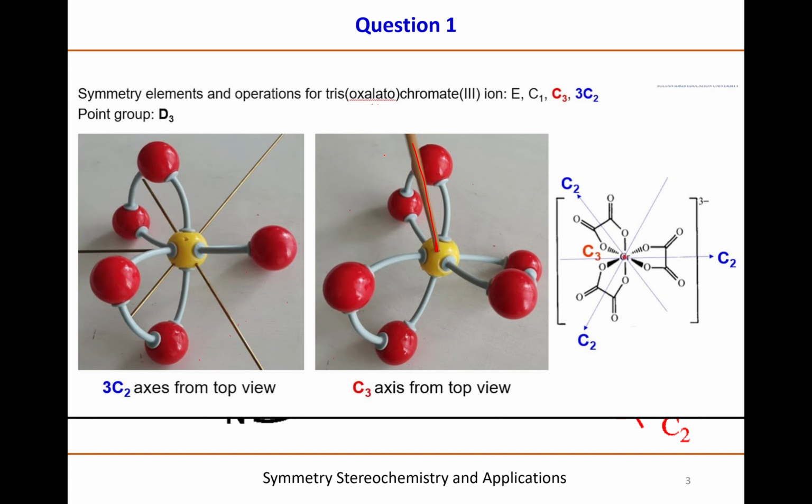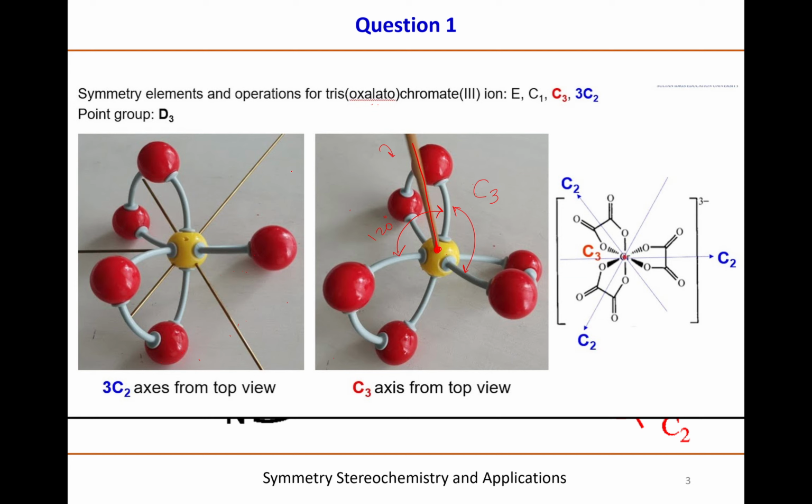We were looking from the top side, that's why this was looking like a red dot. So this is a C3 axis. When you rotate by 120, I was talking about the angle between these two being 120. Rotation was making the molecule indistinguishable. That's why we were able to say that here the C3 principal axis is present.